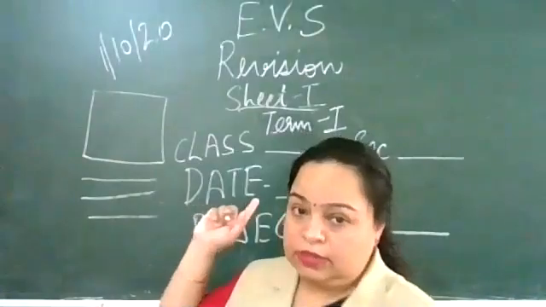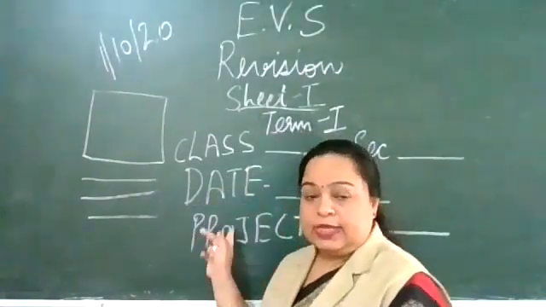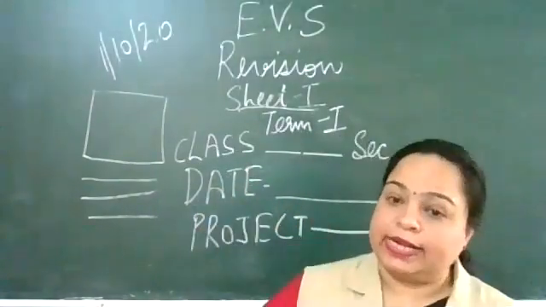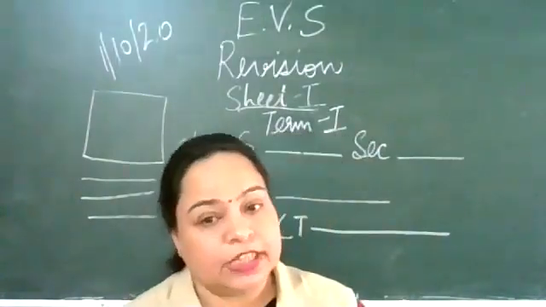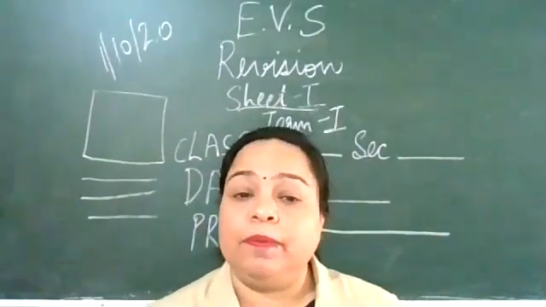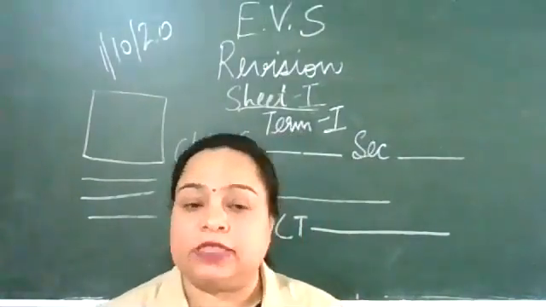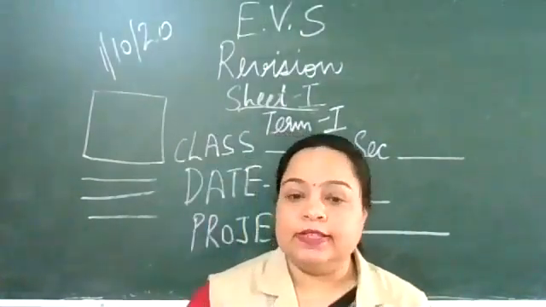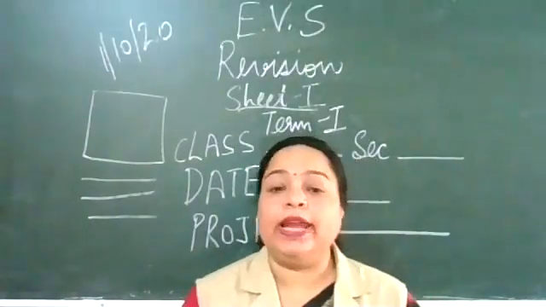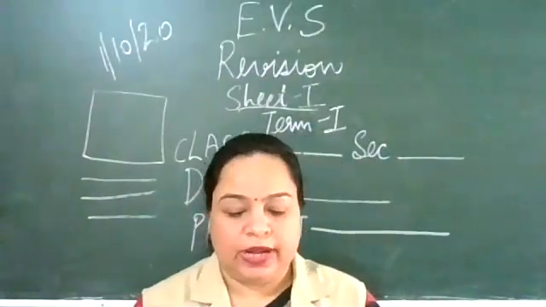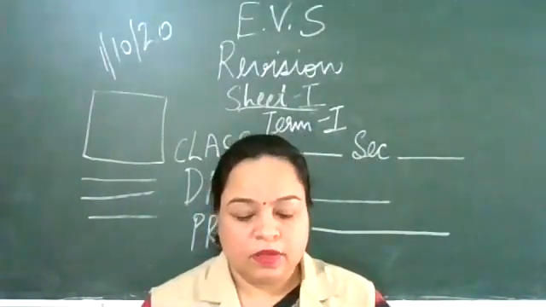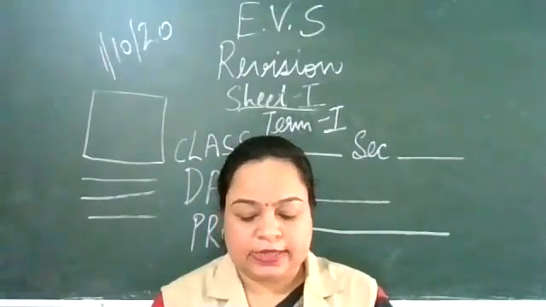For term 1, the first sheet is this. The second sheet is for the water cycle diagram and the explanation. The next sheet will be of the soil profile diagram and its explanation. Now I quickly explain what you have to write in the water cycle.